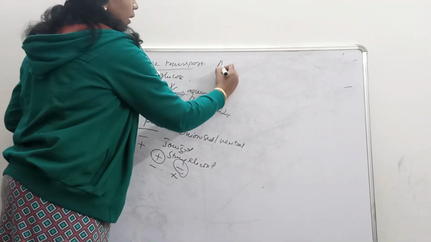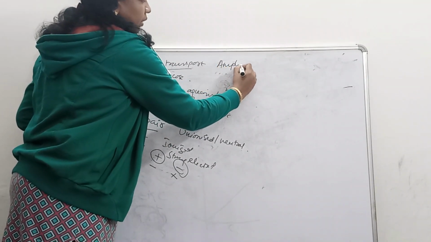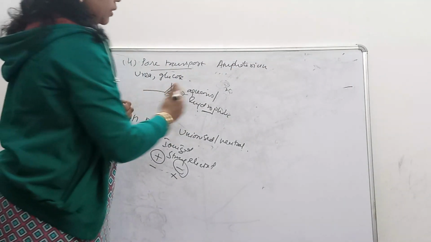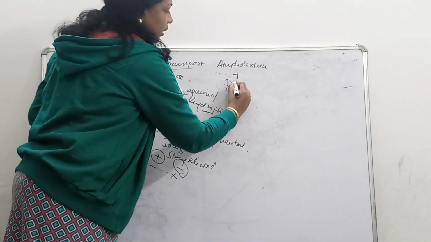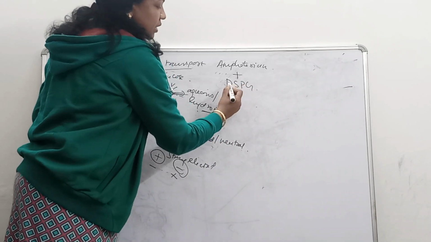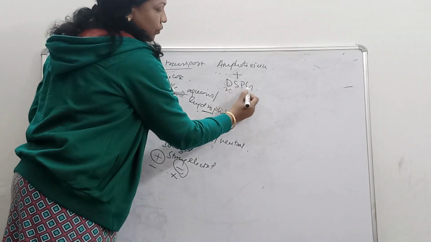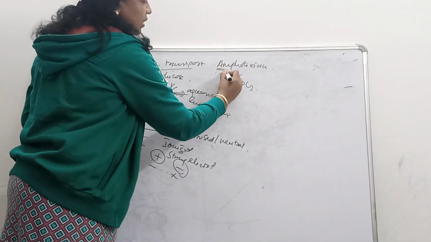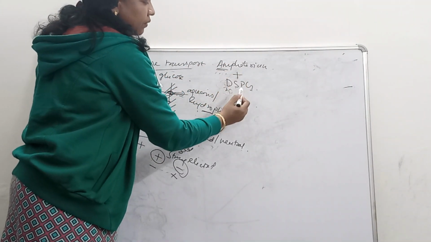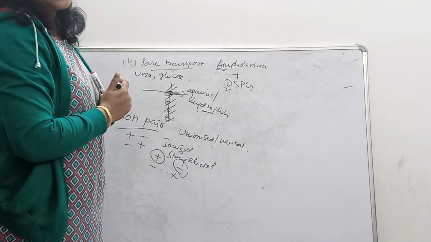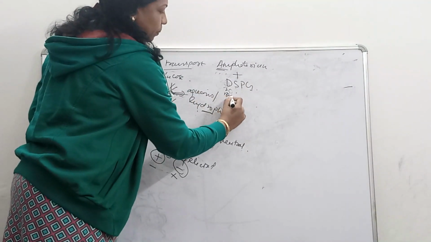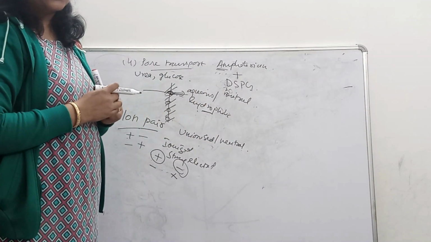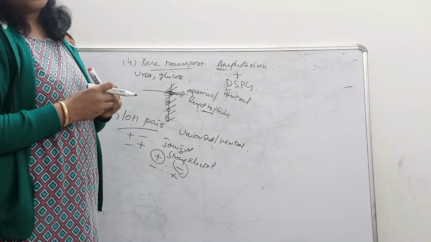Example, the drug amphotericin has difficulty in absorption through the biological membrane, and can be given along with DSPG, which means distearoyl phosphatidyl glycerol. Amphotericin, which is ionized in nature, when it complexes with the DSPG, becomes a neutral compound and can be easily absorbed. That's all about the mechanism of drug absorption.